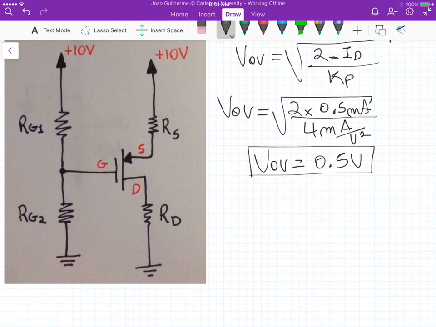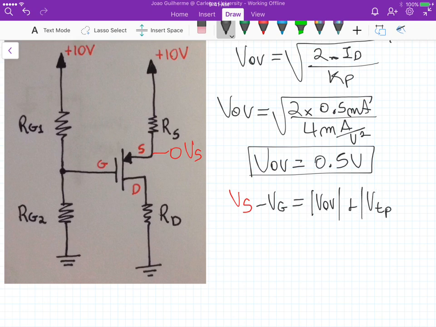And this V overdrive we can use to calculate the voltage at the source, VS. Using the equation I had before, VS minus VG should equal the magnitude of the overdrive voltage plus the magnitude of the threshold voltage.